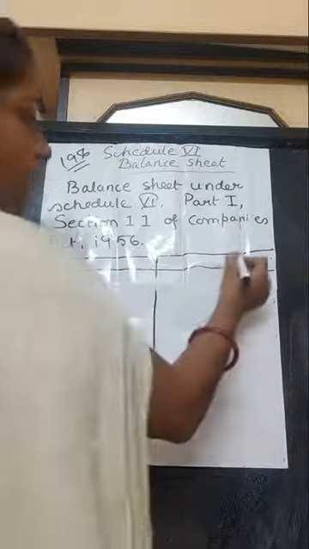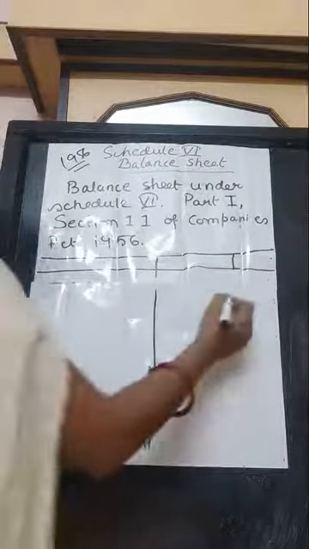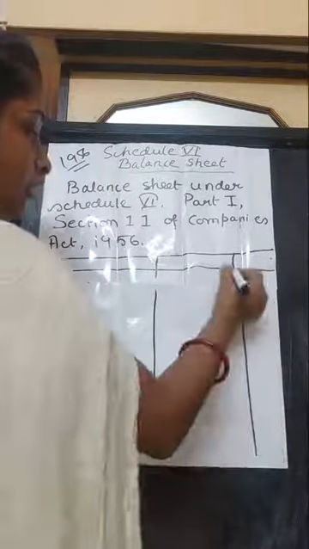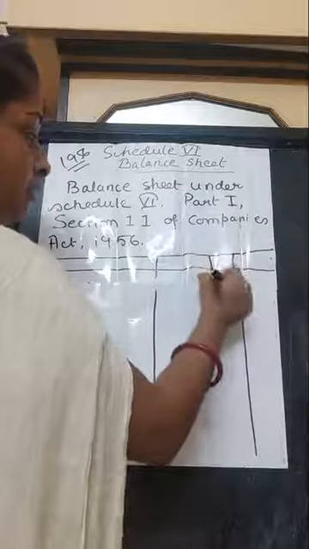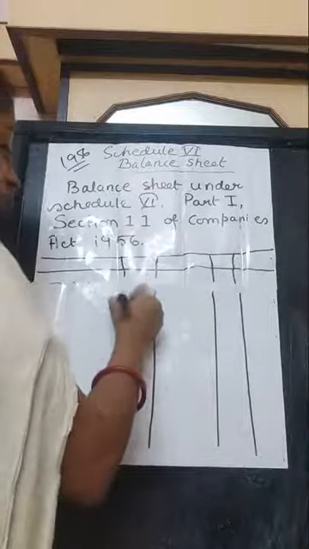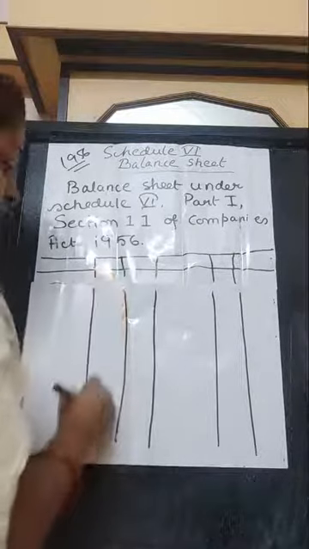Normally we used to prepare the balance sheet by dividing the page into 2 halves, with assets on one side and liabilities on the other. In this way we will prepare the balance sheet in the same format. The format will not change, but items will increase because categories are increasing.